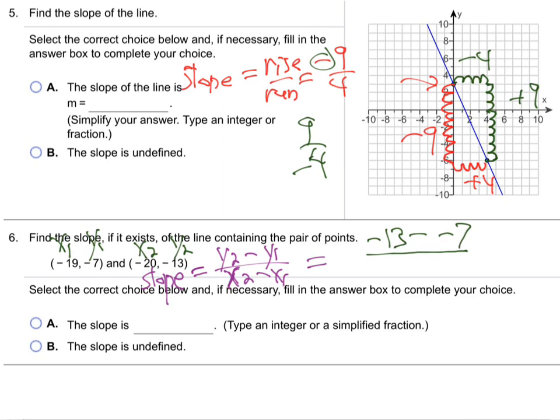Is that making sense so far? y2 minus y1 over x2 minus x1. Everybody good with all that? So y2 minus y1 over x2 minus x1. And you know the double negatives become positive kind of stuff, right?